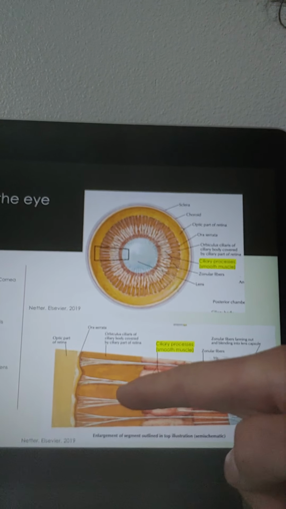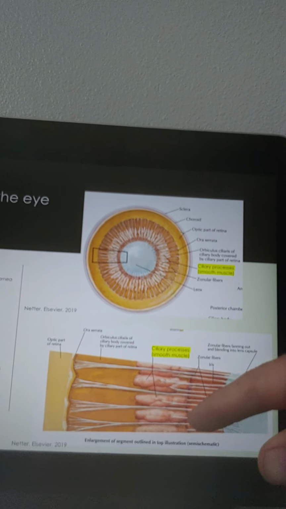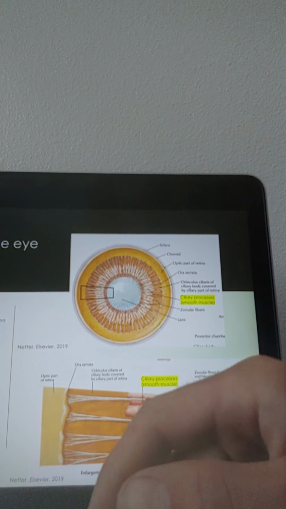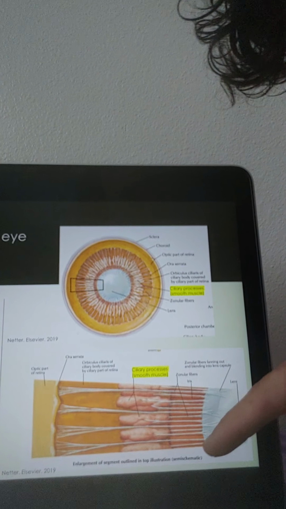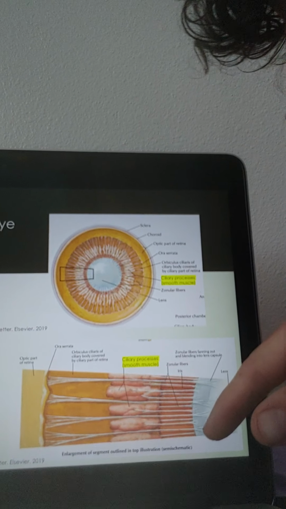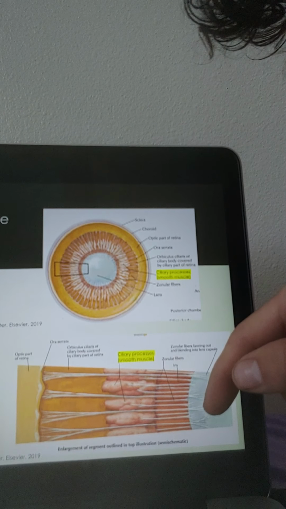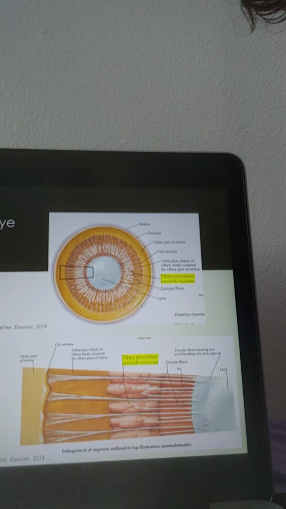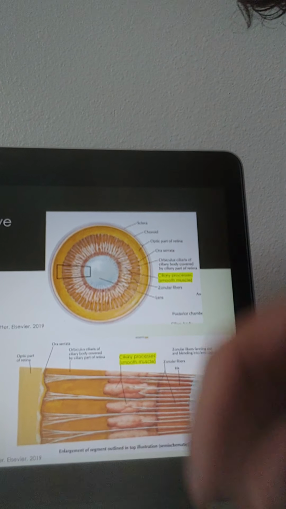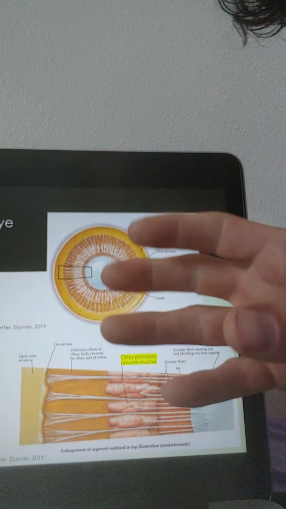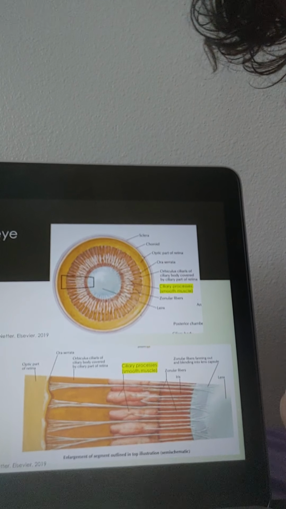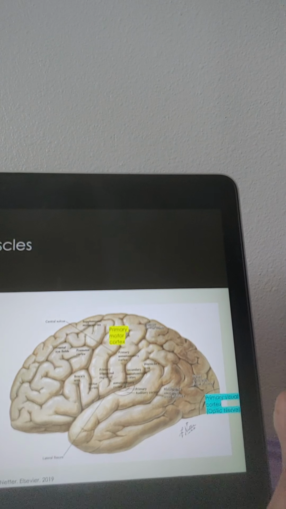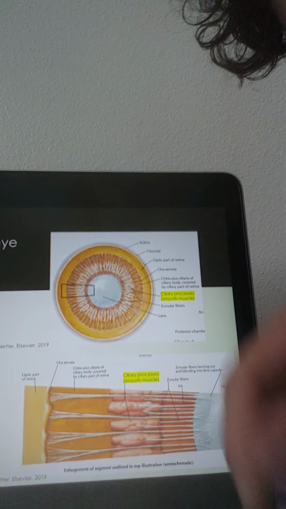So these are zonular fibers, which are embedded into the lens of the eye, and a bunch of these guys suspend the lens in the vitreous humor, I believe it's called, of the eye. And they, by contracting, change the shape of the lens to accommodate for either near vision or far vision. Alright, so we're going to talk a little bit more about that.